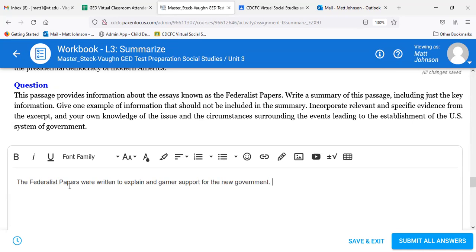That talks broadly about the reason for the Federalist Papers, right? And then specifically, we can talk about Federalist number 37.